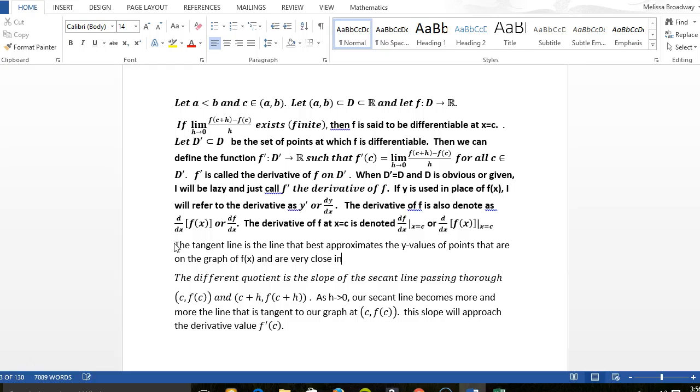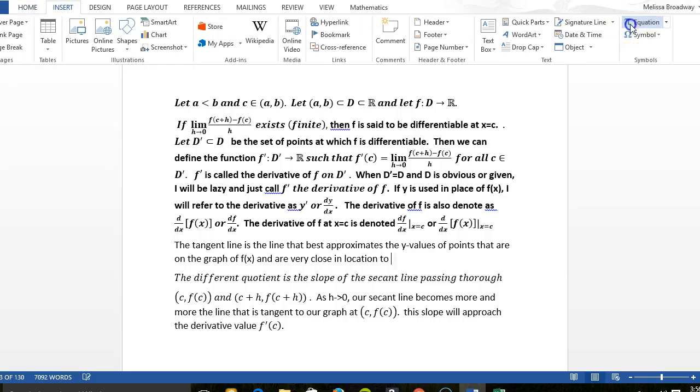Well, what else could it mean? But and are very close in location to c comma f of c.